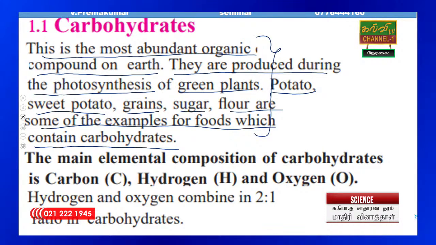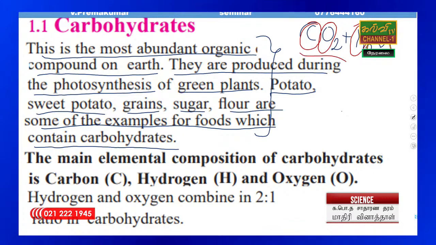I already mentioned CO2, that is carbon dioxide, plus water, H2O. So now you can find out the three kinds of elements.